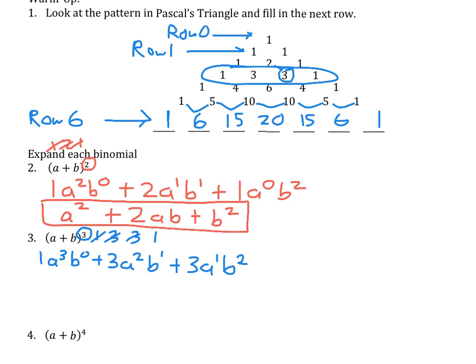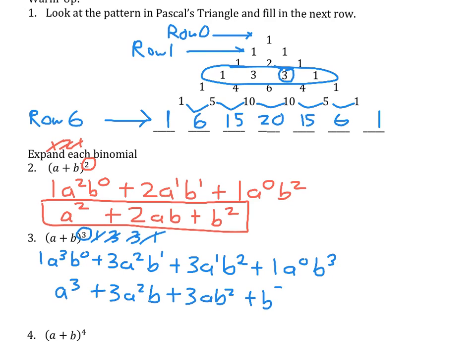Now we just have one more 1 to use. 1, now we're left with 0 a's and b to the third. So simplifying, we get a cubed plus 3a squared b plus 3ab squared plus b to the third.